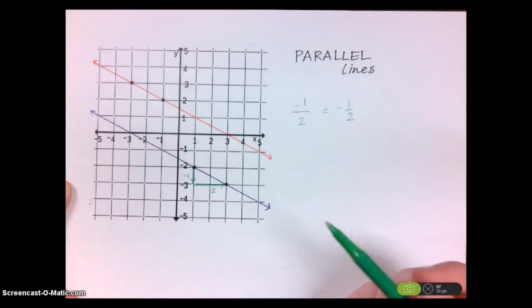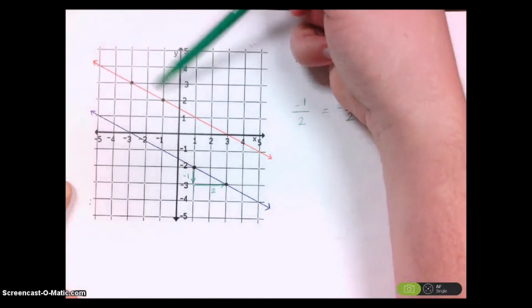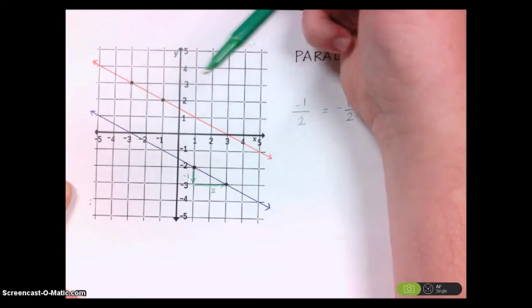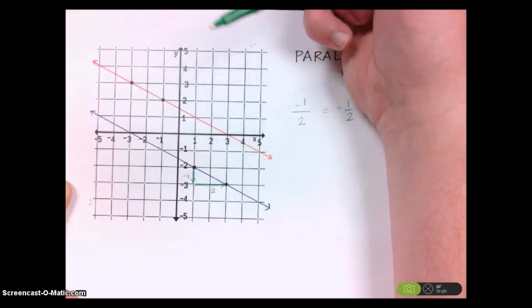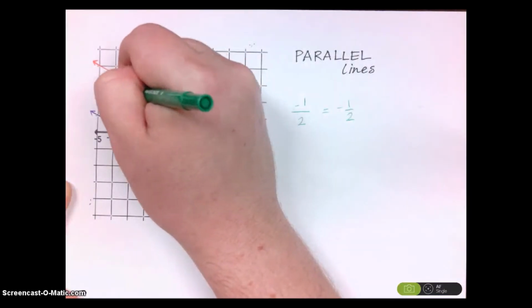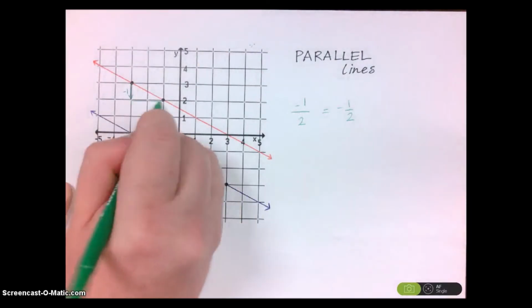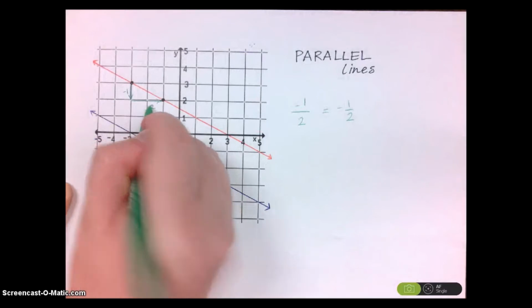I'm going to do the same thing with the red line. If you can look, I chose 2 points way up here at the top instead, just to show you again that any 2 points you can find the slope. So going down, I'm also going down -1, and I'm running across +2.